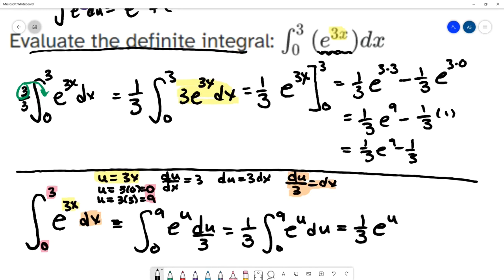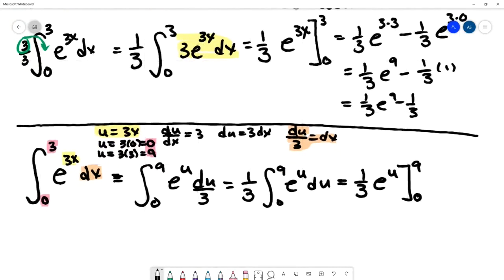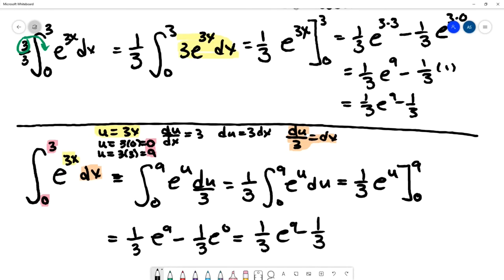That's e to the u. We're going to use the fundamental theorem of calculus, and that's big F of b minus big F of a. 1/3 e to the 9th minus 1/3 e to the 0. And that simplifies to be 1/3 e to the 9th minus 1/3, because e to the 0 is 1.